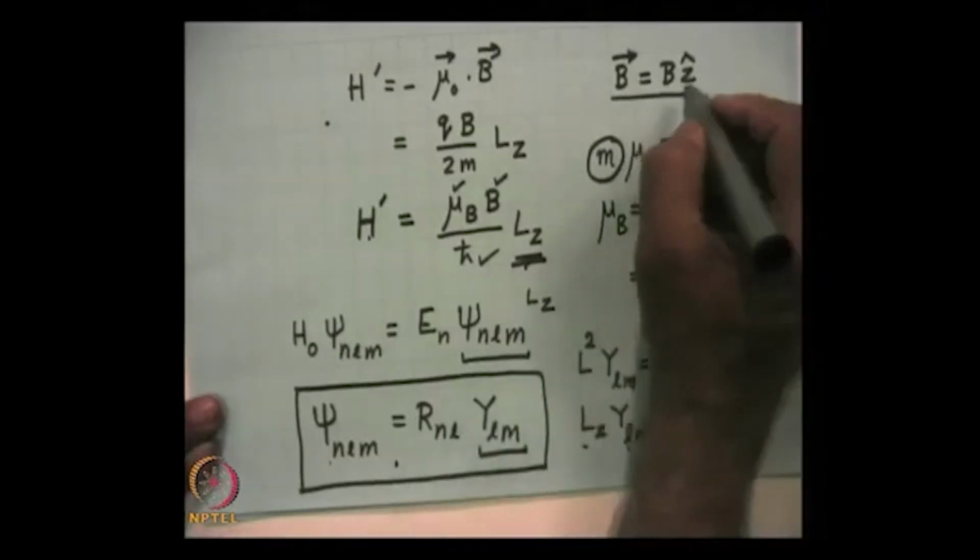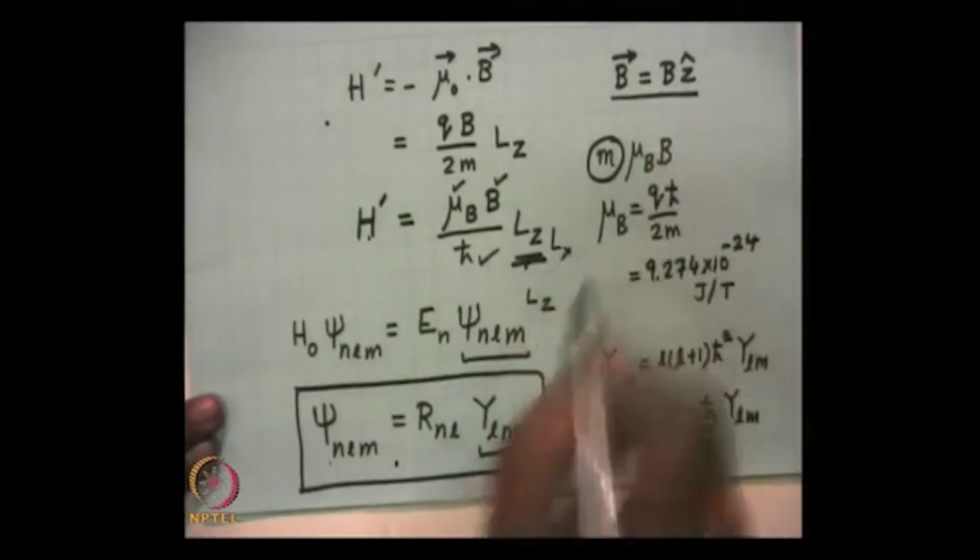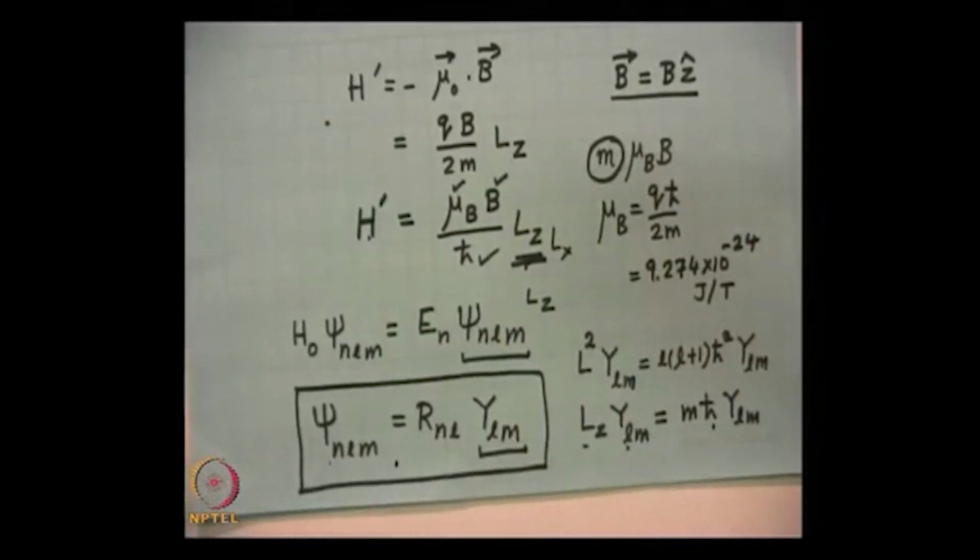If you assume this to be Lx, then YLM are not eigenkets of Lx. You would have obtained non-diagonal elements, but the final result would have come out the same. The final splitting would have come out the same, and the eigenkets that you would have obtained would have been eigenfunctions of the operator Lx.